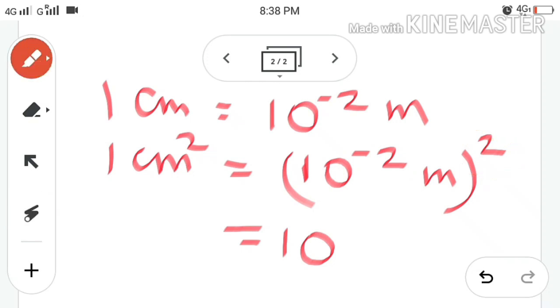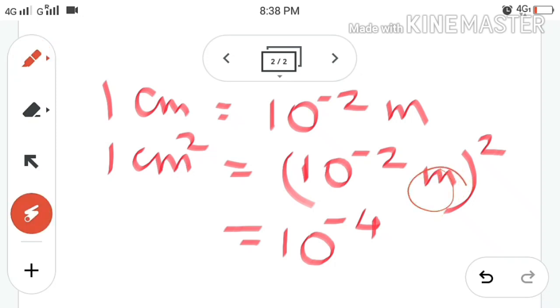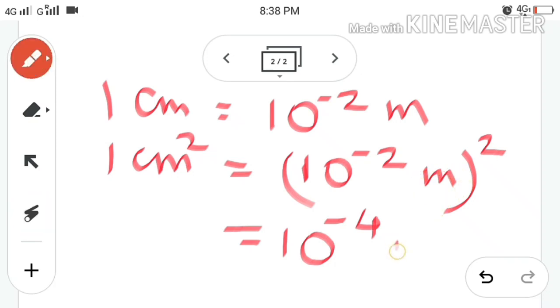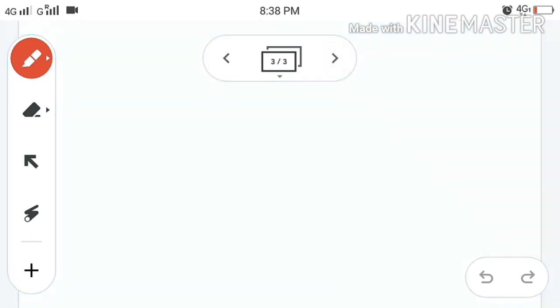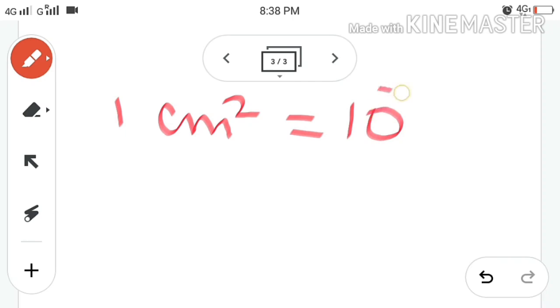So I write 10 power minus 4. And what is the value of meter power 2? It is very simple. Simply meter square. So what is the value of 1 centimeter square, children, now? 1 centimeter square is equal to 10 power minus 4 meter square.